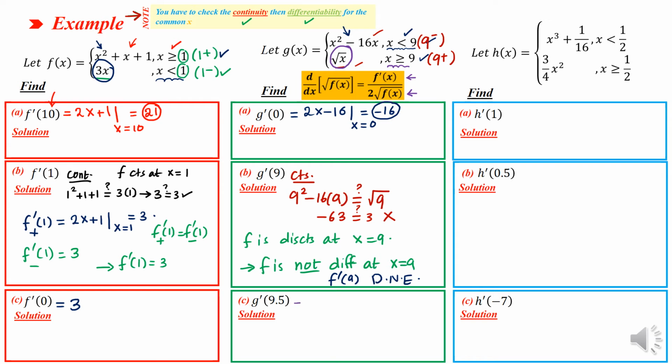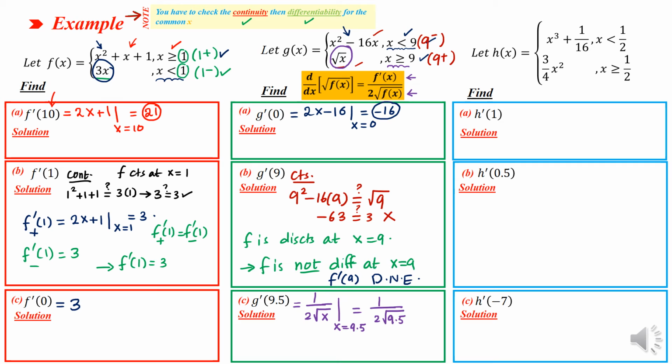So this equals the derivative of the inside function, which is 1 because we have x inside, divided by 2 multiplied by the same square root function. Then you have to plug in x equals 9.5, and this equals 1 over 2 square root of 9.5. Then you can use a calculator to simplify this fraction.